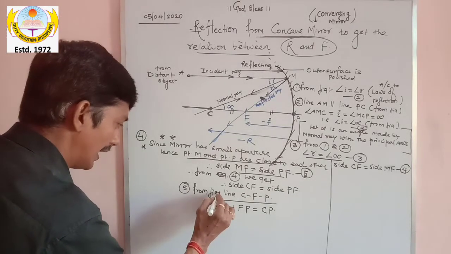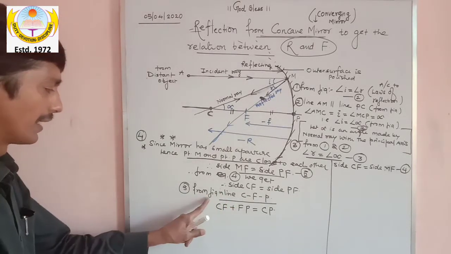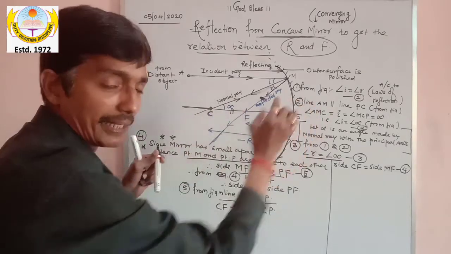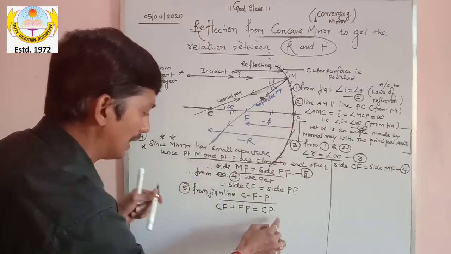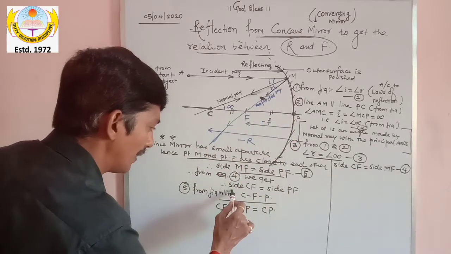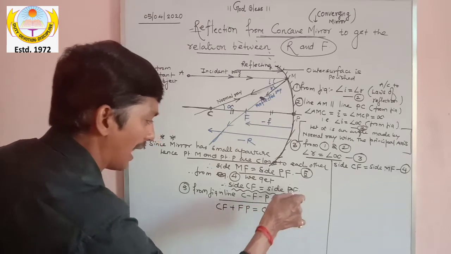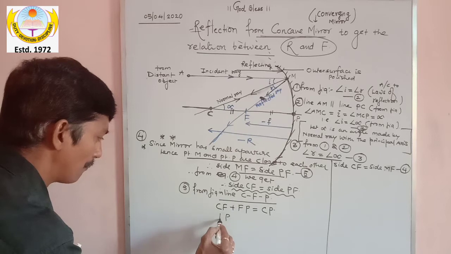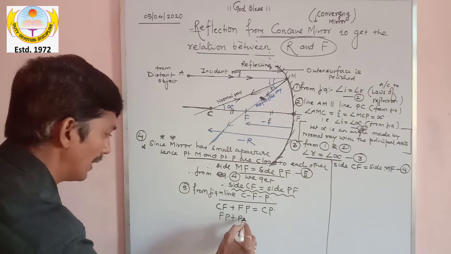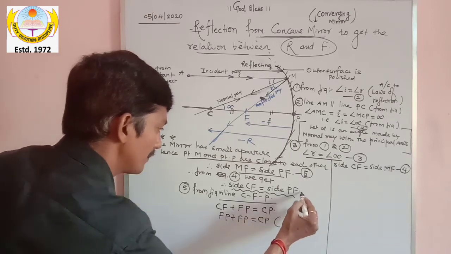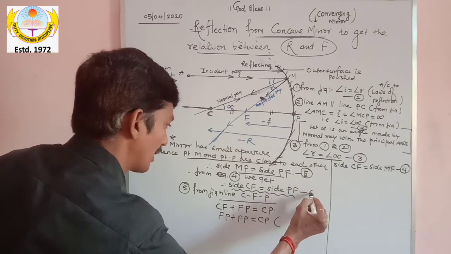And from figure in line CFP, I have taken line CFP, CF plus FP is equal to CP. But my dear, I have written CF is also equal to PF. So this becomes PF or FP plus FP is equal to CP, because this is your equation 6.